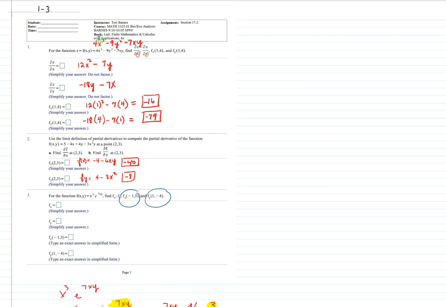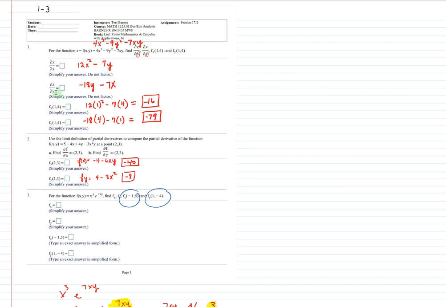So this piece would be 12x squared. This piece would end up being a 0 because that's a constant. And then we would have minus 7y. Y is a constant, I just keep saying that wrong. So minus 7y is what we end up with here.